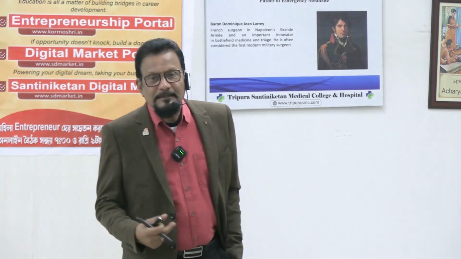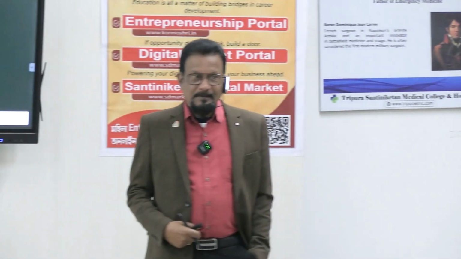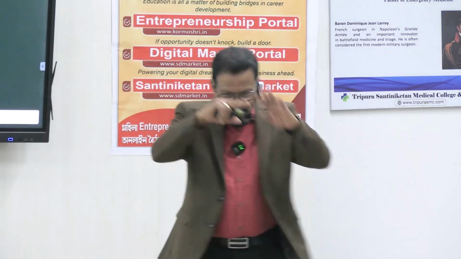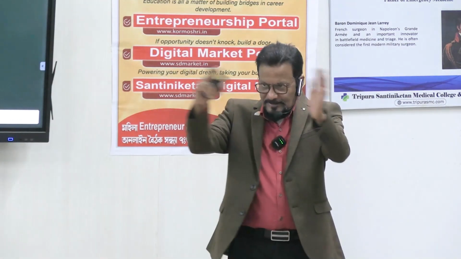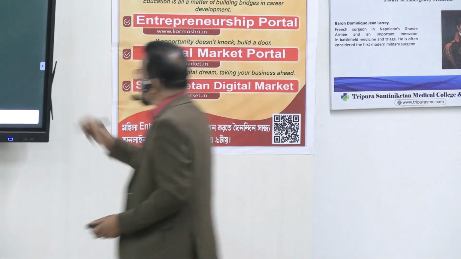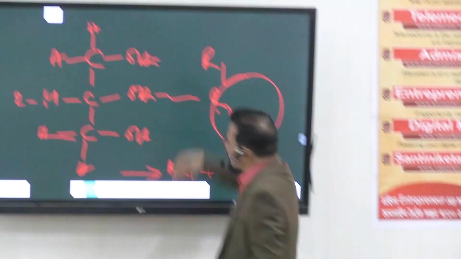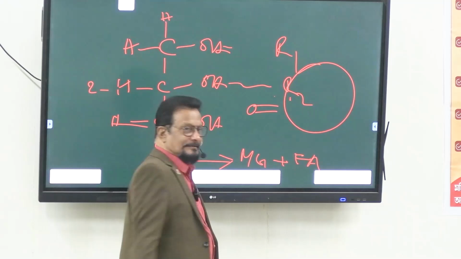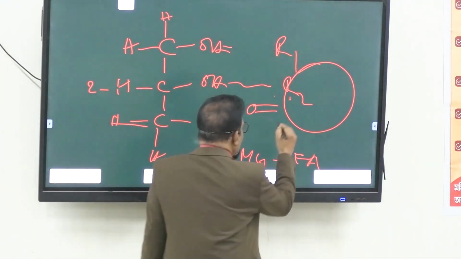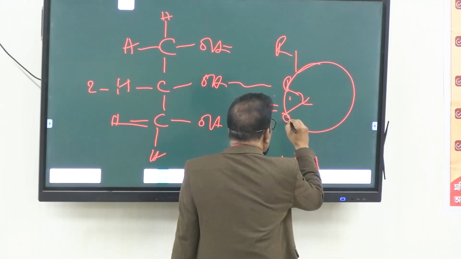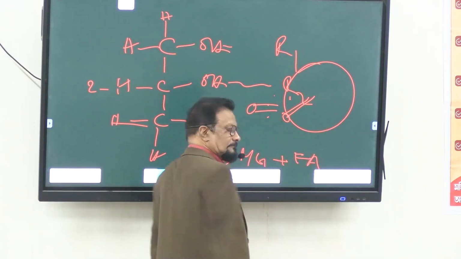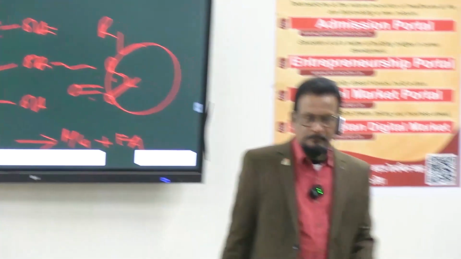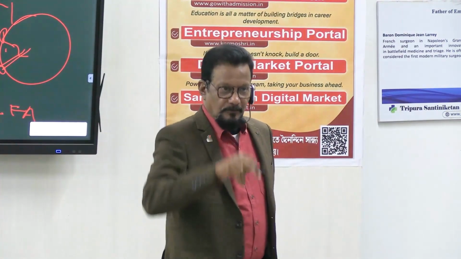So who actually does it? The bile salts. This is the fat globule. The bile salts are like this. They will attach here and penetrate, introducing their non-polar end into the fat globules.